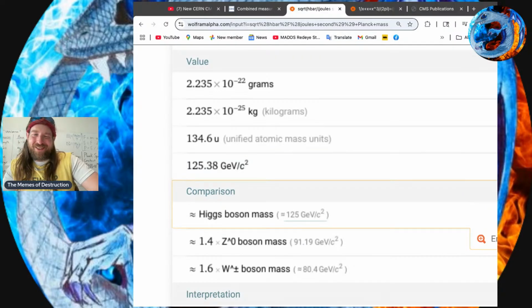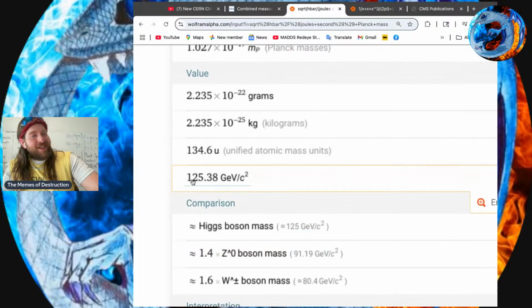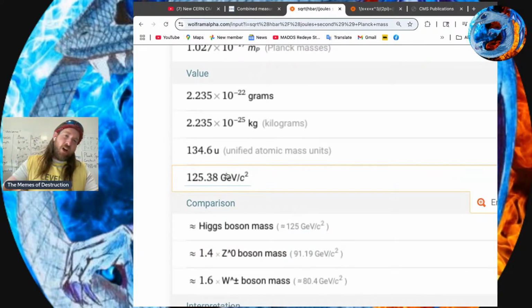How very interesting. To be fair, it's actually 125.376 GeV with a standard deviation or error of 2 with that 6 in the last digit there. That's the uncertainty in the Planck mass. So yes, I would tend to agree that experiment is very interesting.